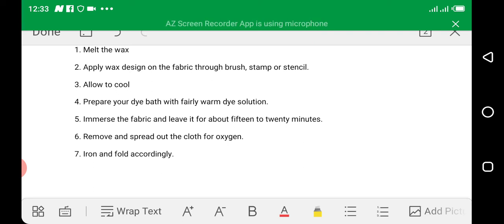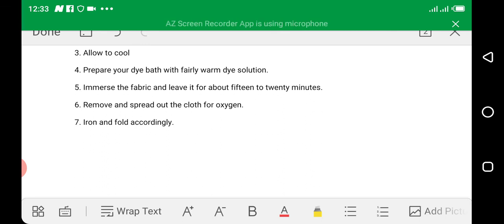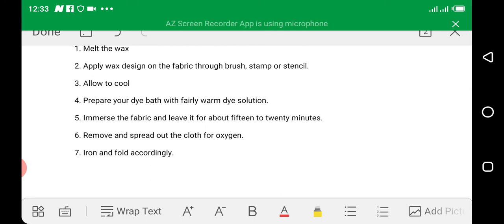So you need a warm dye solution such that the wax print on the fabric will not melt out. Immerse the fabric and leave it for about 15 to 20 minutes, just as we've done in tie dye.